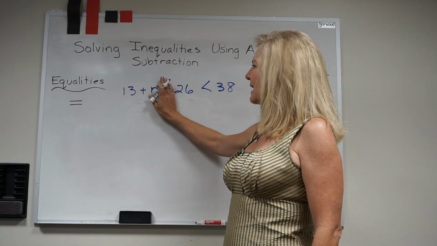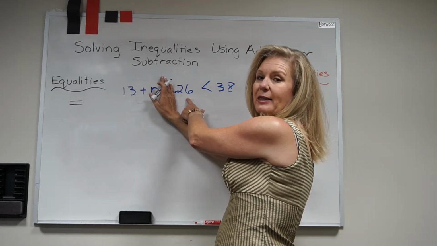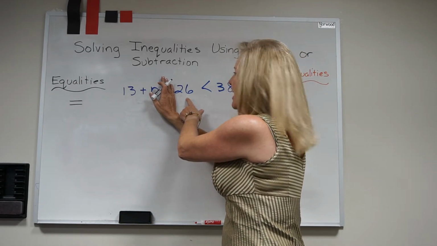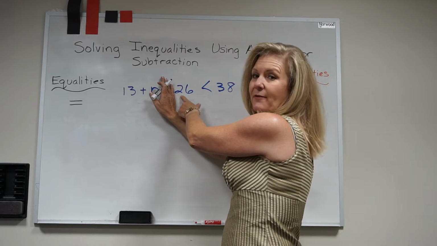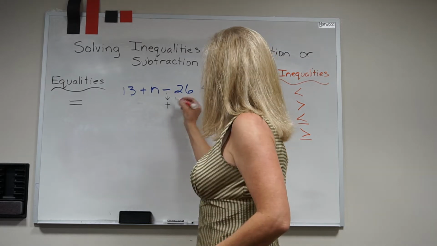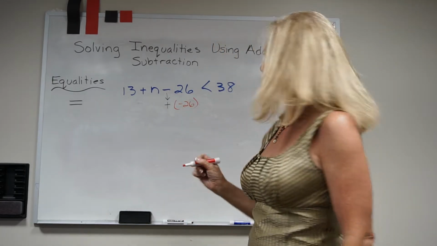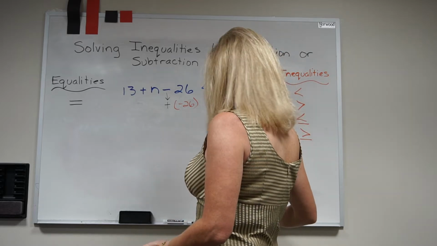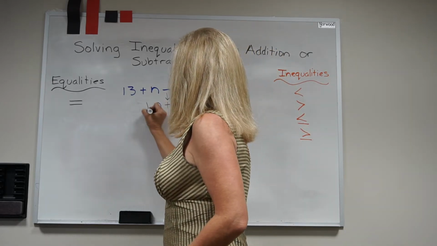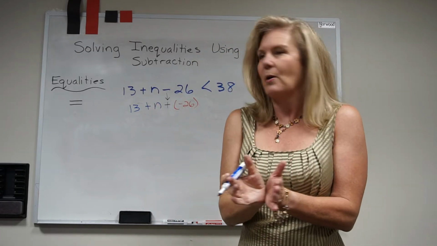But I know the second I do that, I have to take the opposite of the number that directly follows that subtraction sign. So the opposite of a positive 26 is a negative 26. And I'm going to do that in red so that we can see the color of the integer sign. Now everything else stays the same. So I'm going to keep everything else on that side the way that it was.